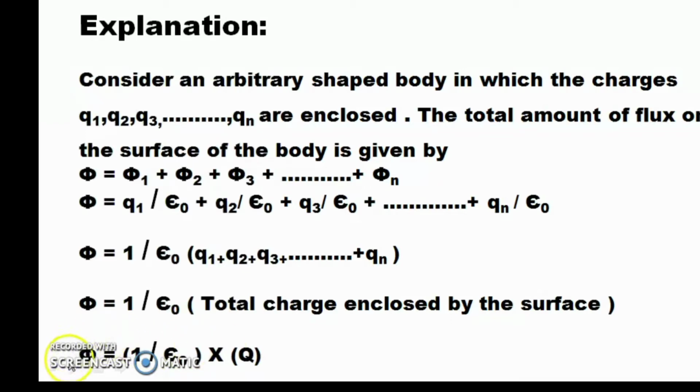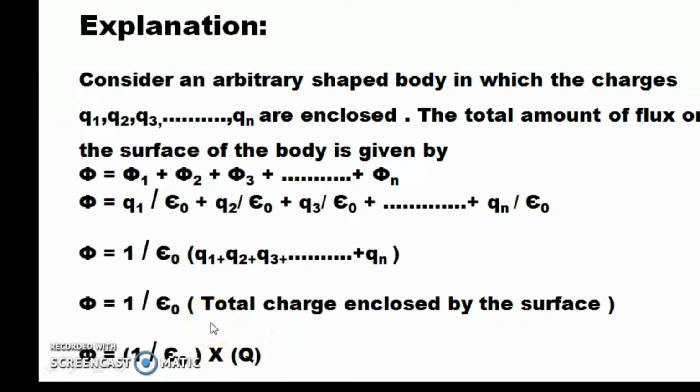So this is a formula we have derived, and this formula is known as Gauss's law. Now let's read this formula. The total flux on the surface of the object is equal to 1 upon epsilon naught times the total charge enclosed by the object.